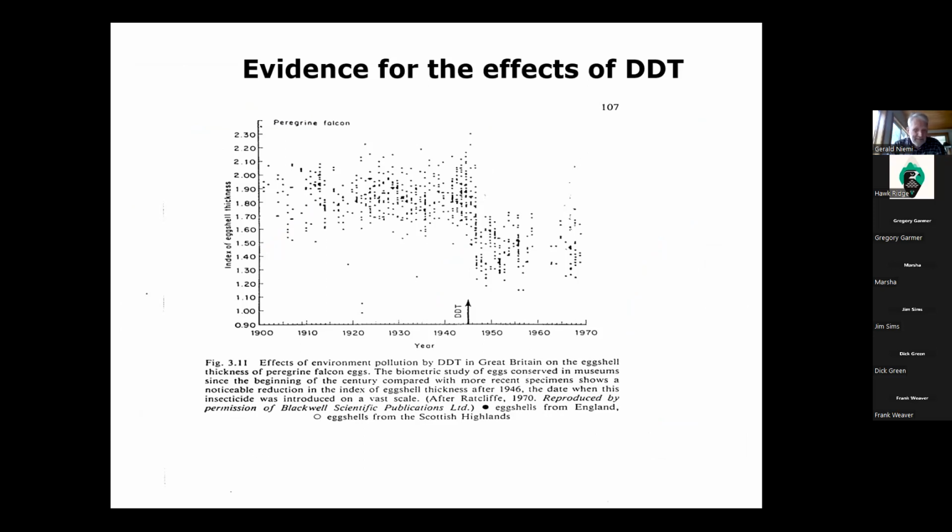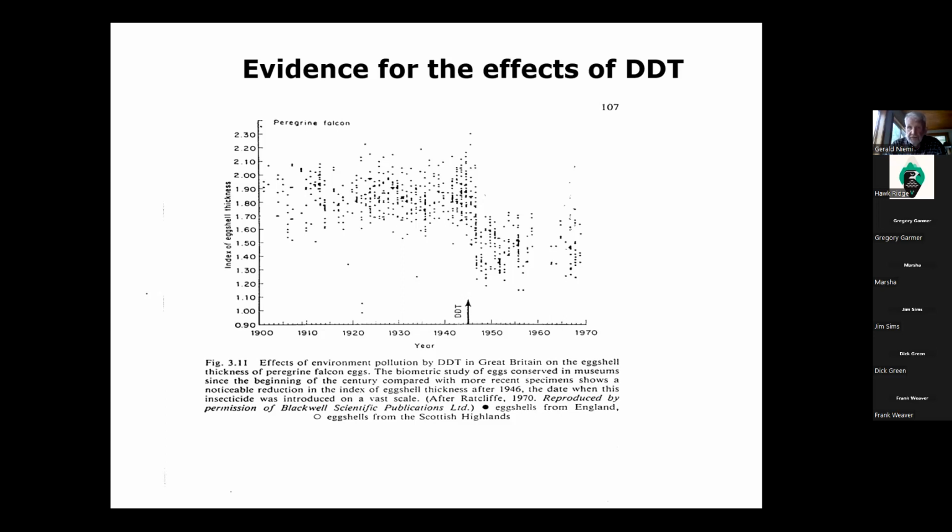Here, starting from 1900, is the thickness of the eggshells that were in the museum, from 1900 up till when DDT began being used in the environment, between about 1944 and 1945. And it is very solid evidence of how the eggshells began to thin at that point in time for the peregrine falcon, of the ones in the collection, should I say.